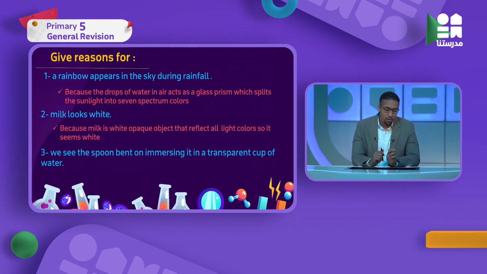Number 3, we see the spoon bent on immersing it in a transparent cup of water. So we have spoon, water, and air. Why does it seem bent? Because of reflection, refraction, or separation? Of course, refraction.